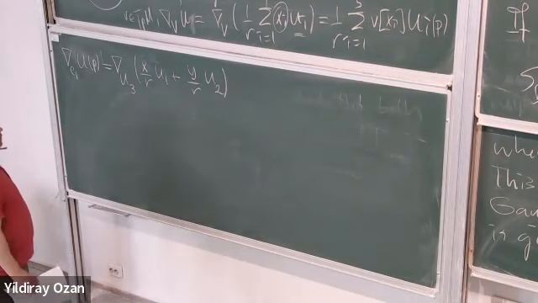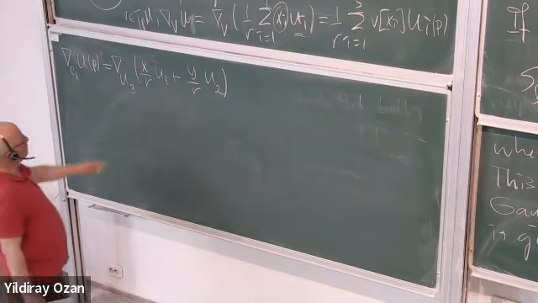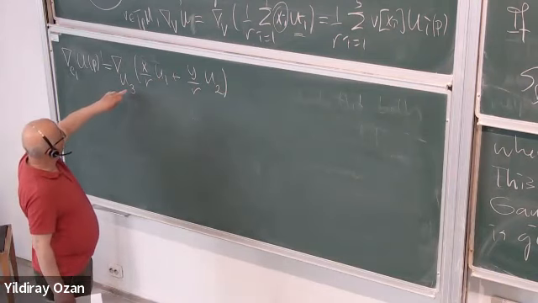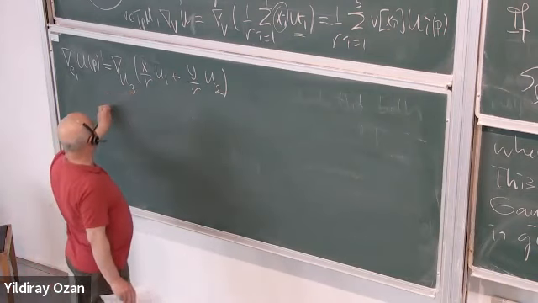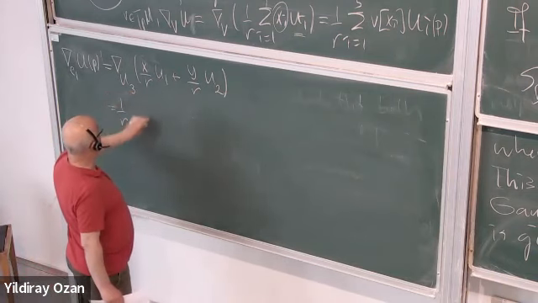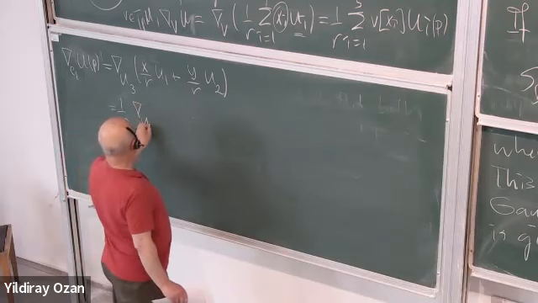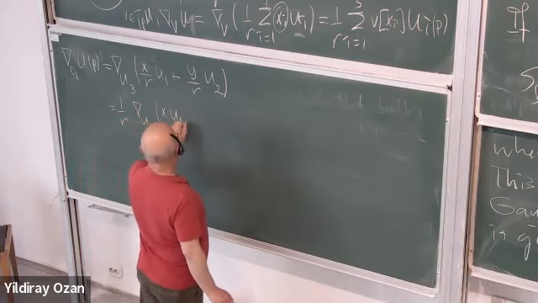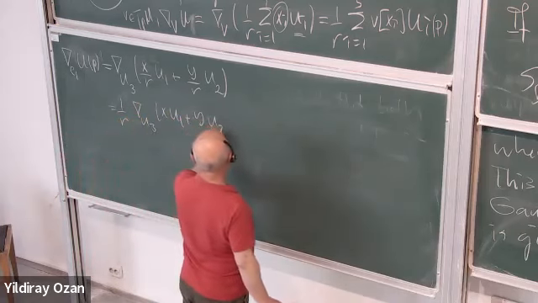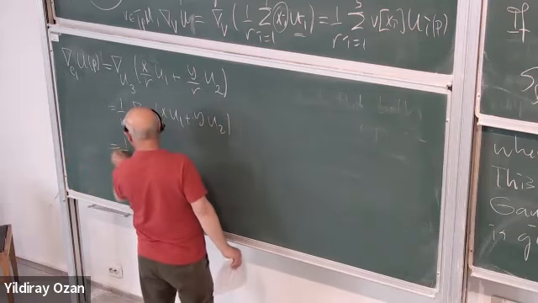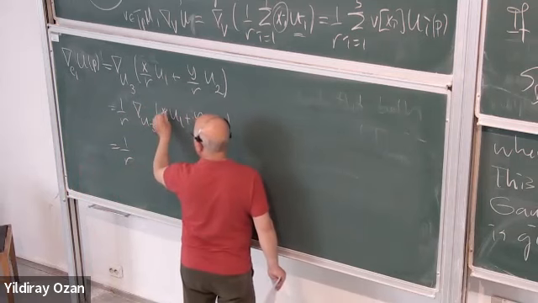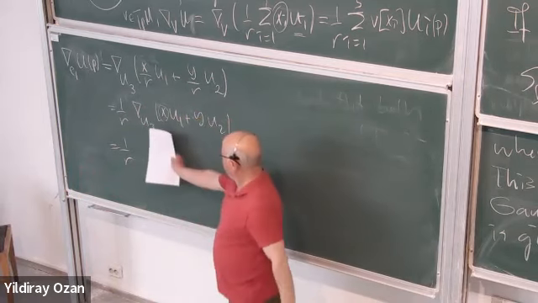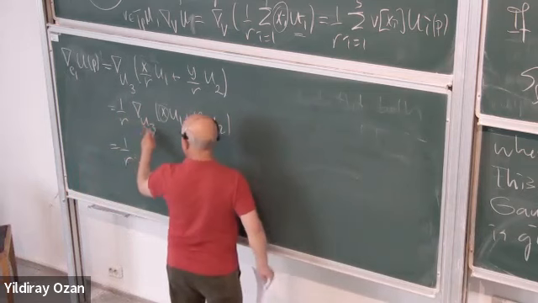Okay. I am taking... R is constant here, right? 1 over R goes out, and then what is this? This is nothing but you take derivative of this function along U3.